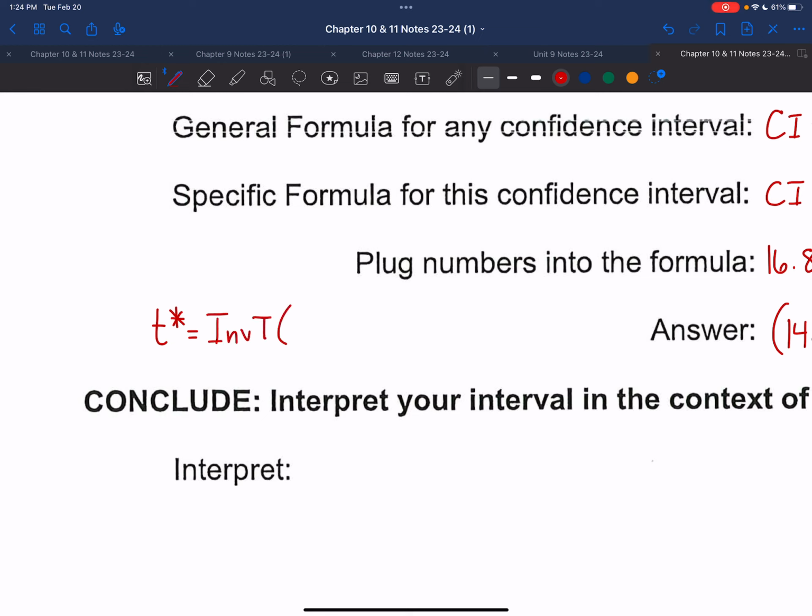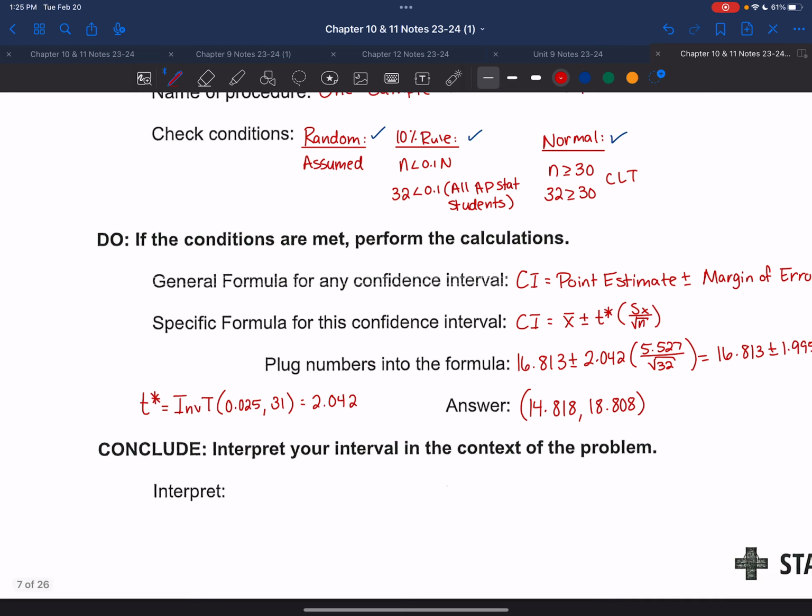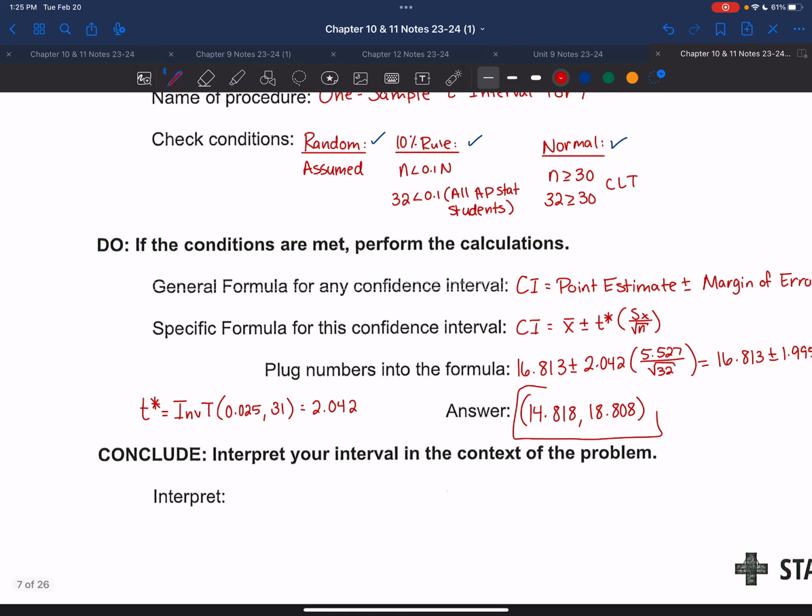My tail, since I'm doing a 95% confidence interval, my tail is 0.025. And my degrees of freedom, I had 32 people, so my degrees of freedom will be one less than that, which is 31. And we got 2.042. Okay, so here's my confidence interval.